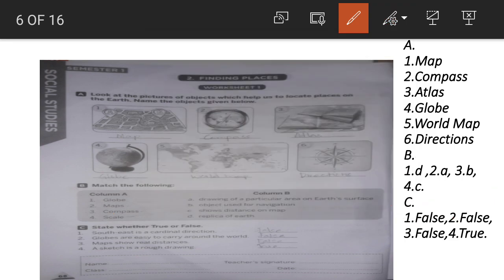Next, question number 3. Maps show real distances. That is false. Maps do not show real distances. The distances are minimized and shown on a map. So the answer is false.